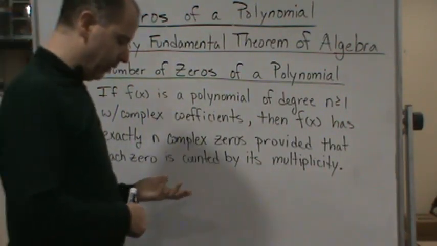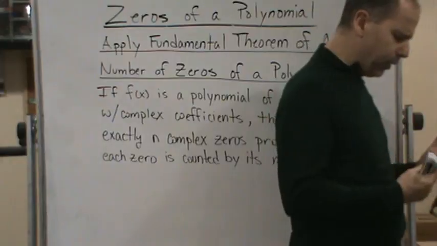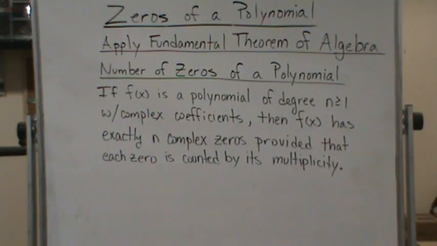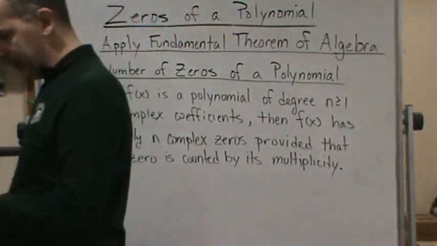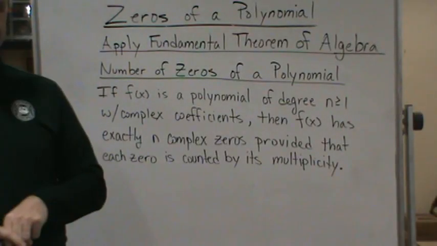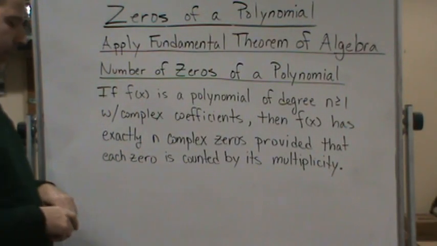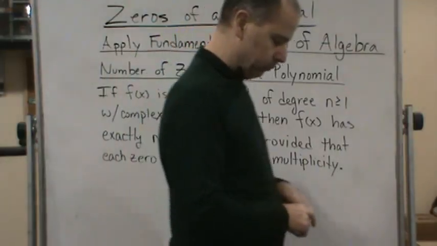So the fundamental theorem of algebra says that if we're given a polynomial with complex coefficients with a degree of at least 1, then there exists at least one complex zero.